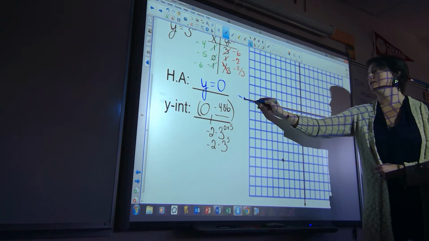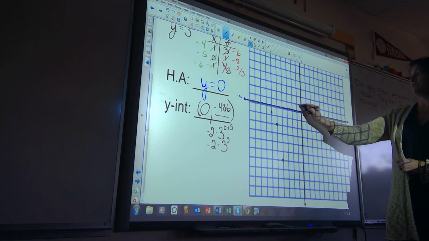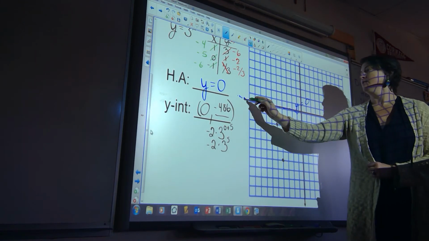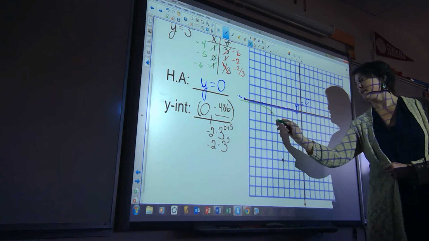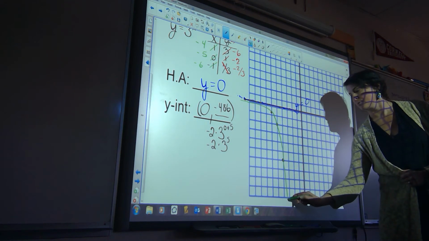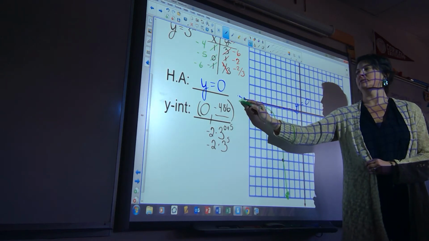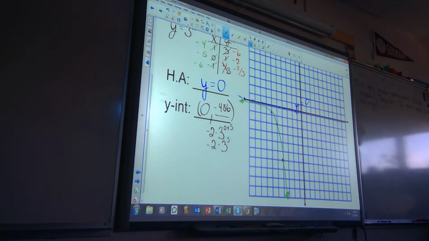So here's my asymptote, y equals 0, and then my curve is flat and then grows down through those points. This is negative growth.